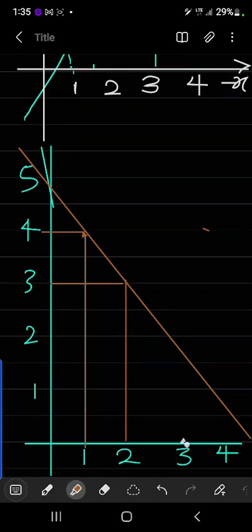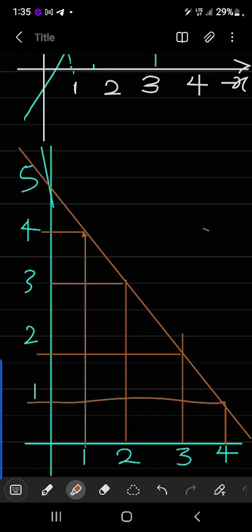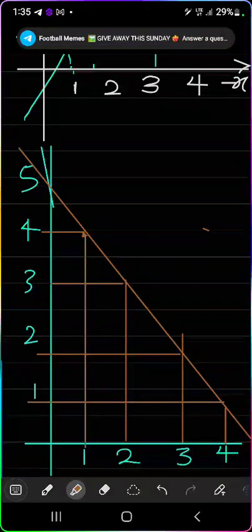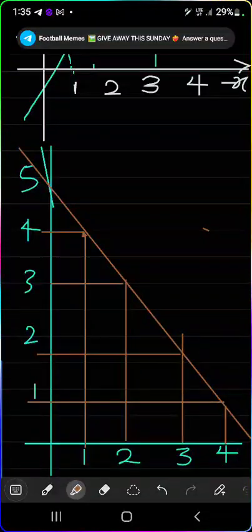When s is 3, I need this point of intersection only. Very good. You see that as s is increasing, as 1 is less than 2, 3 is greater than 2, and when it is 4 again, you're getting something like this. As s is increasing, what is happening to y? Y is decreasing. So that is a decreasing function.